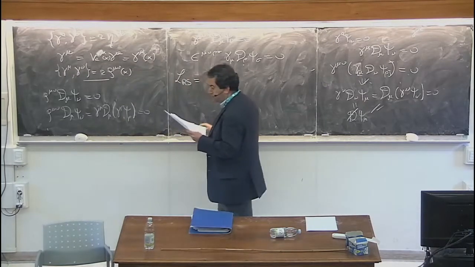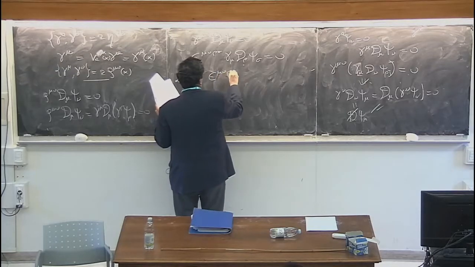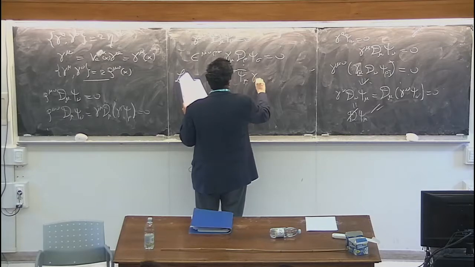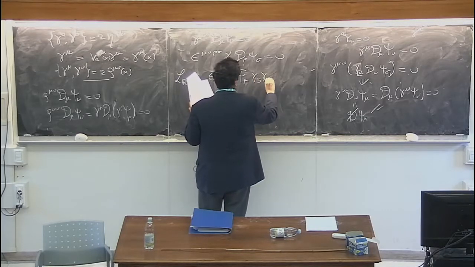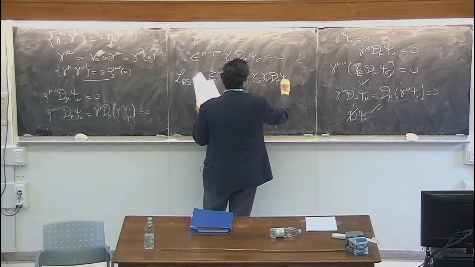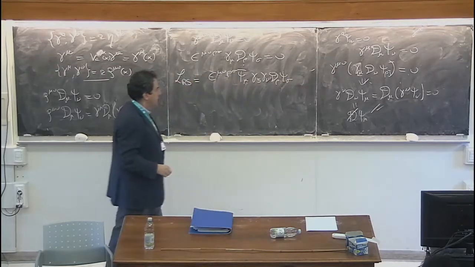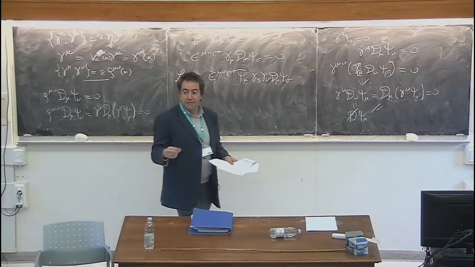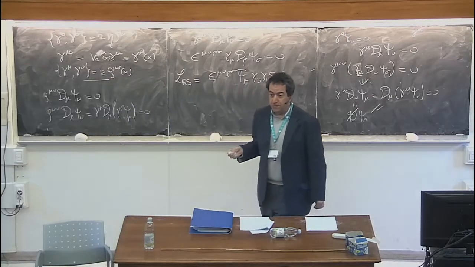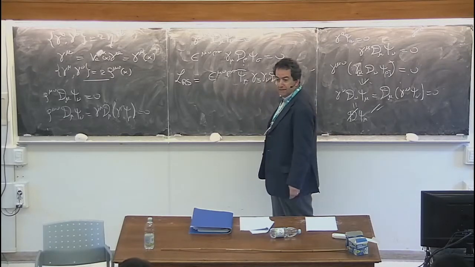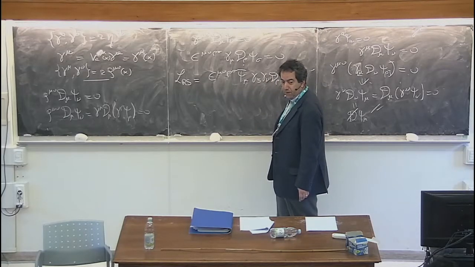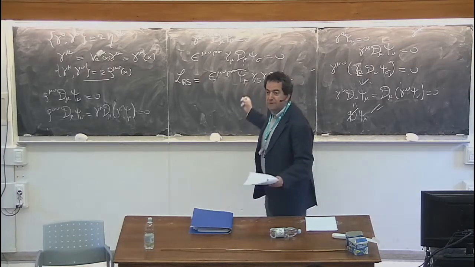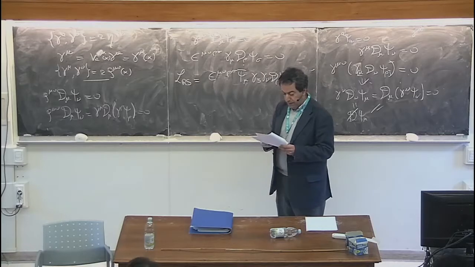The Rarita-Schwinger action reads epsilon mu nu rho sigma psi bar mu gamma 5 gamma nu D rho psi sigma. If you vary with respect to psi, take into account that psi are Majorana spinors, so these two are not independent. If you derive with respect to psi, what you get is precisely the Rarita-Schwinger equation.